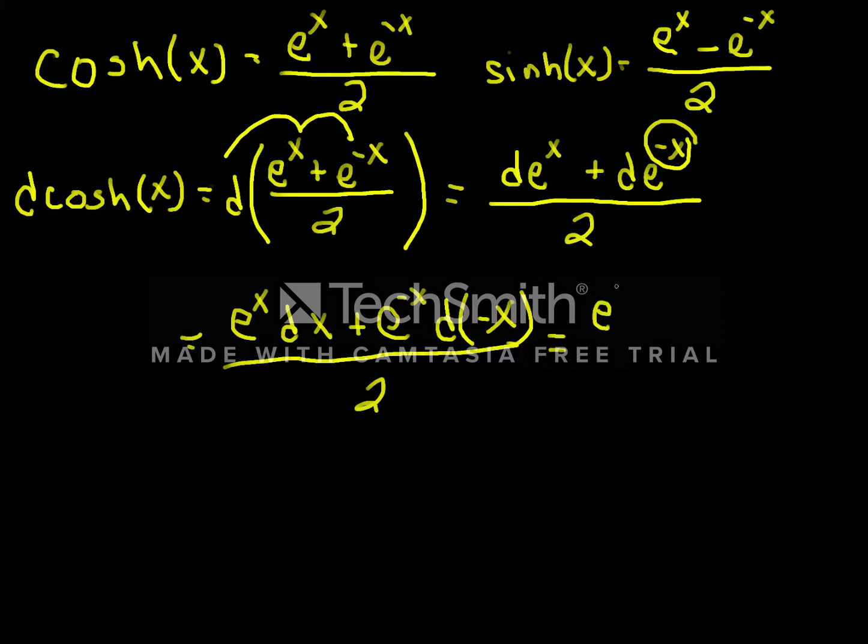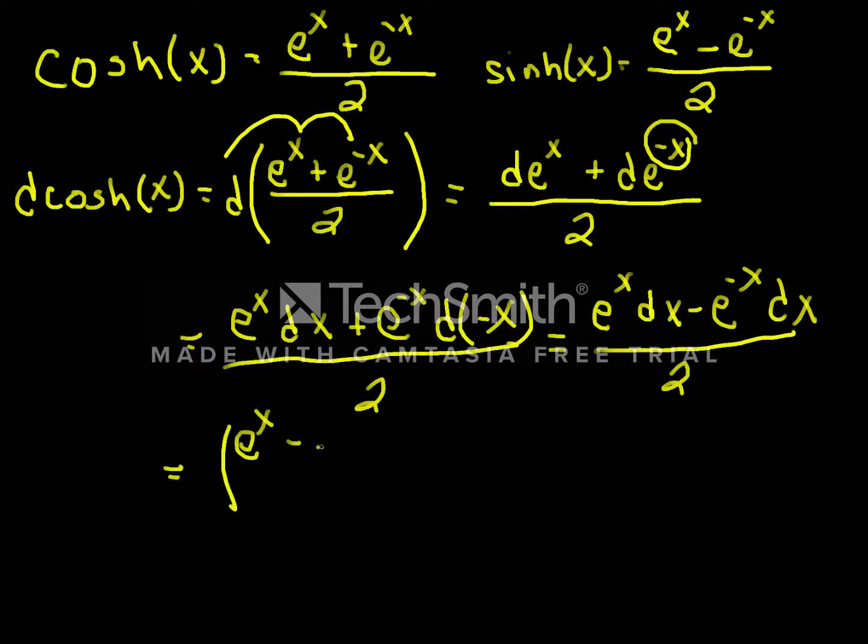which is, well, the differential of negative x is just negative differential of x. So this is e to the x dx minus e to the minus x dx over 2. And bringing that dx out, this is the whole thing, e to the x minus e to the negative x over 2 dx.